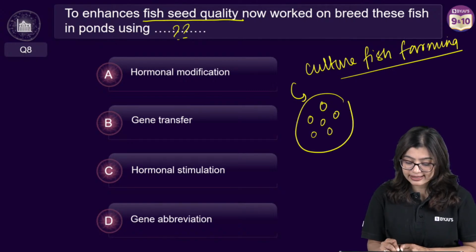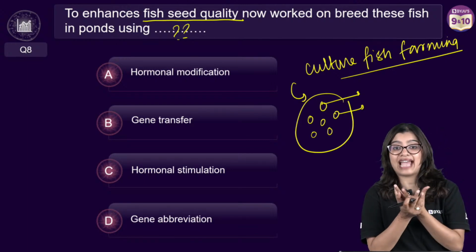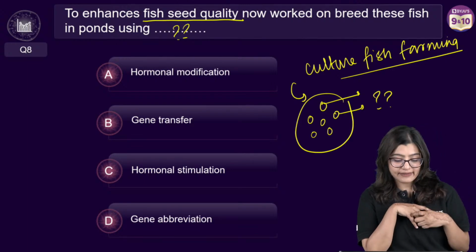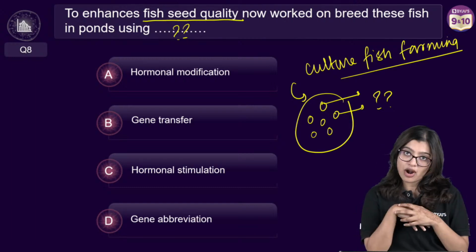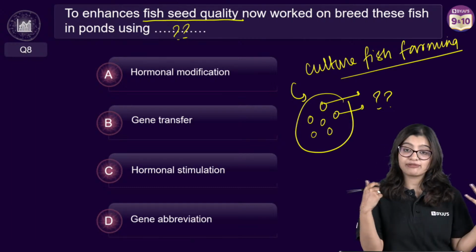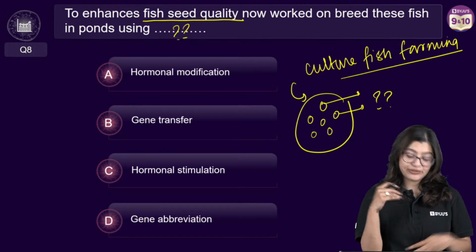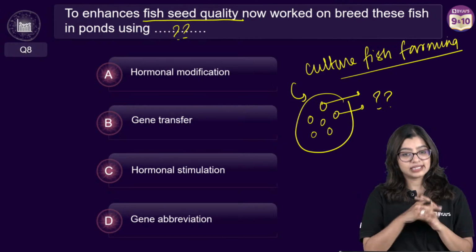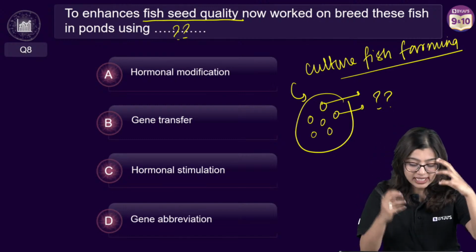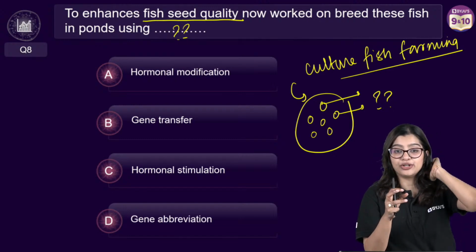In order to increase the quality and number of it, what can we do? Can we do hormonal modification? Should I modify the hormones? Do we have to do gene transfer, or gene abbreviation? Or simply put, can I stimulate it with hormones where more fish seeds or eggs are produced?